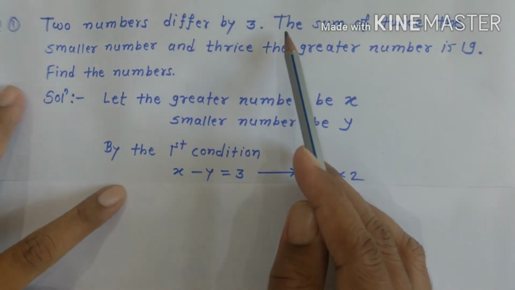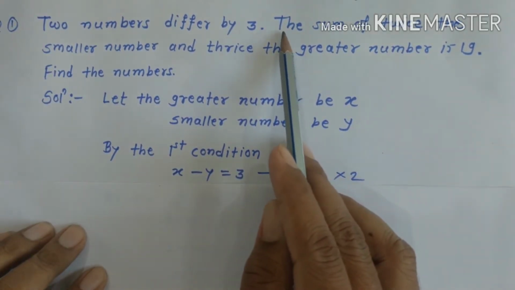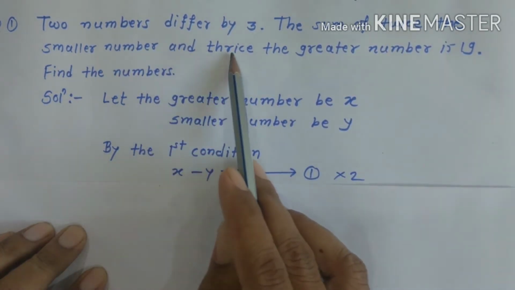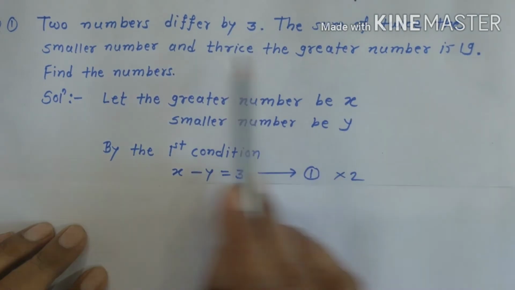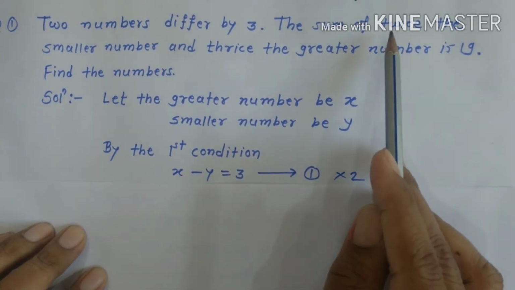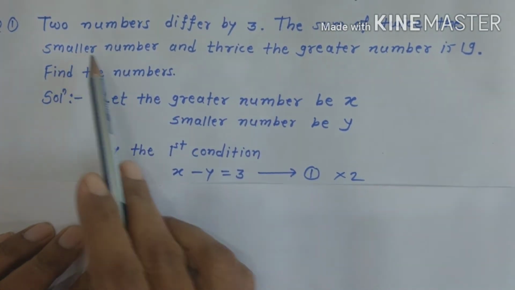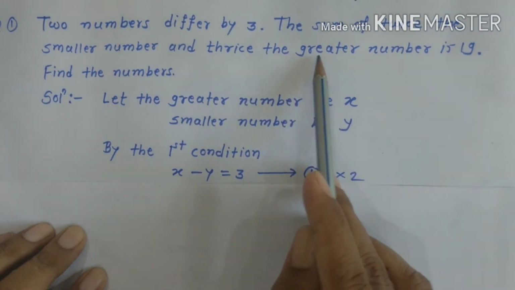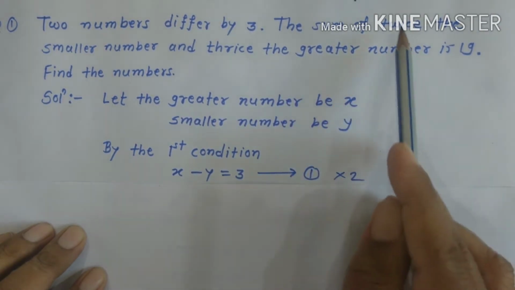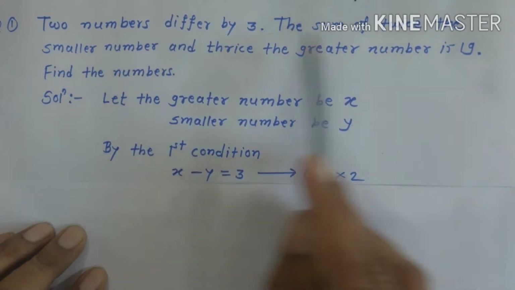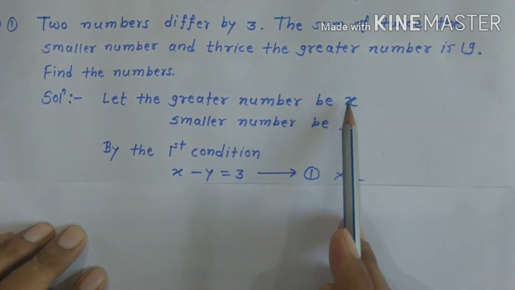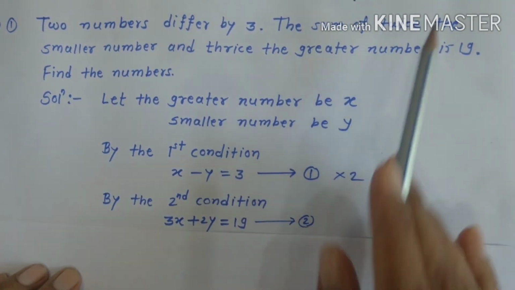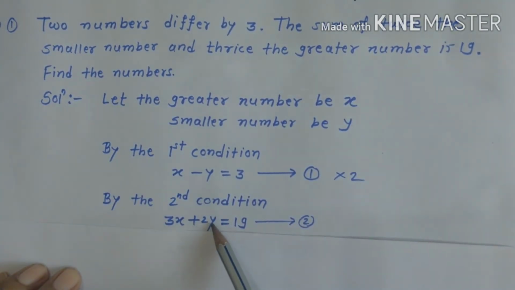Now read the second line. The sum of twice the smaller number and thrice the greater number is 19. Here the smaller number is y and the greater number is x. Twice the smaller number means 2 times y, so I have written 2y.